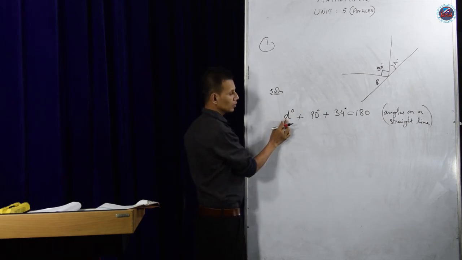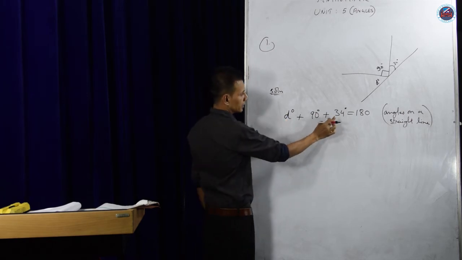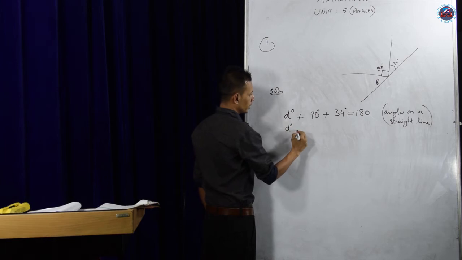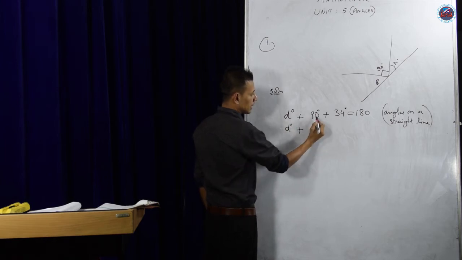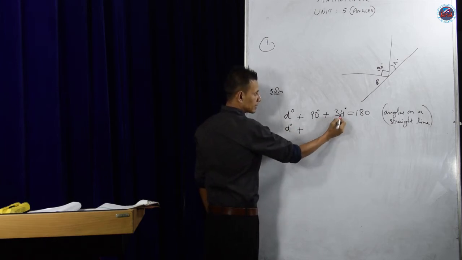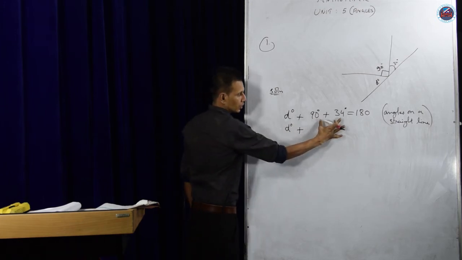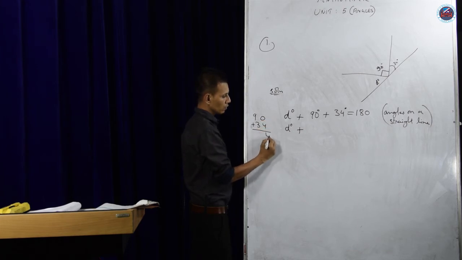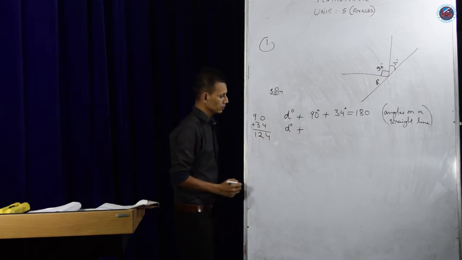We cannot do anything with that D now. But here we can do something. Let's do it. D degrees plus, can you see here 90 plus 34? You can work it out here, right? 90 plus 34. Add up 90 and 34 since there is a plus. 0 plus 4, 4. 9 plus 3, 12.